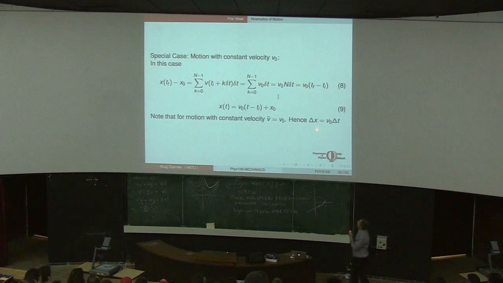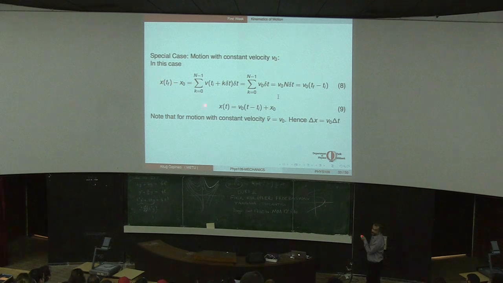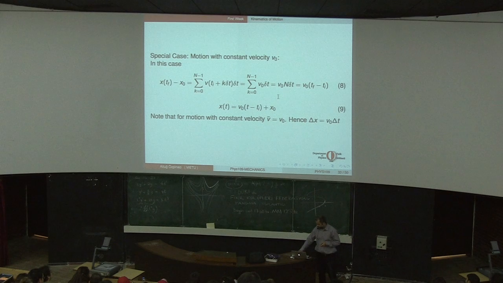And delta x over delta t has to be v0. If you just move it over here, this is nothing but the definition of the average velocity.